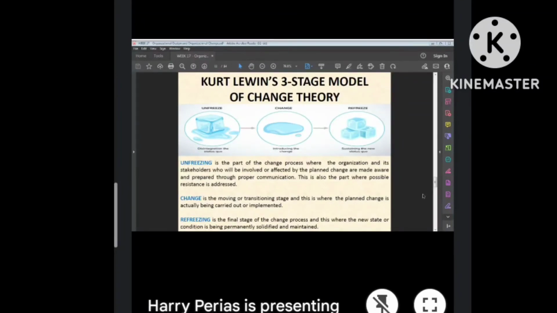So, to expound further, okay, kunyari sa organization, meron siyang existing process na ganito. Okay, like, ang isang organization is totally manual processes lang talaga siya. Wala siyang computers, wala siyang internet. Okay?